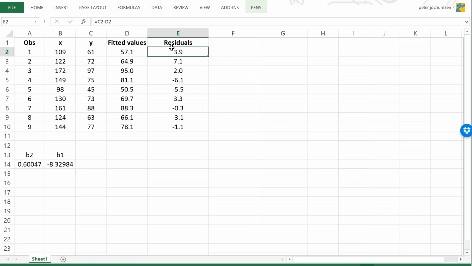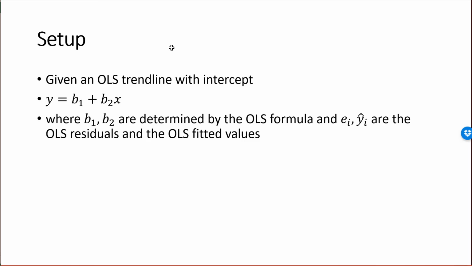So the first one we will define is the TSS, and that's part of a trio which we name TSS, ESS, and RSS.